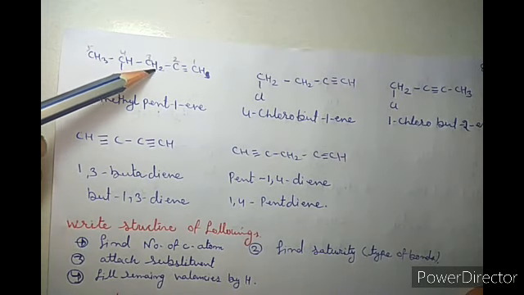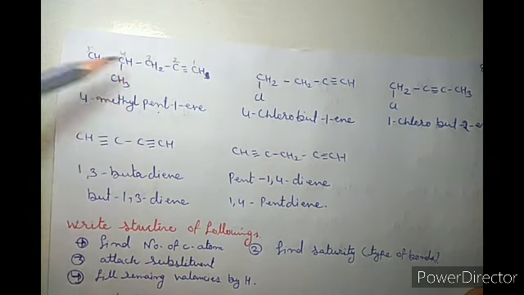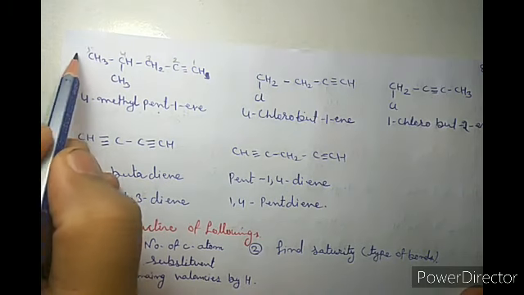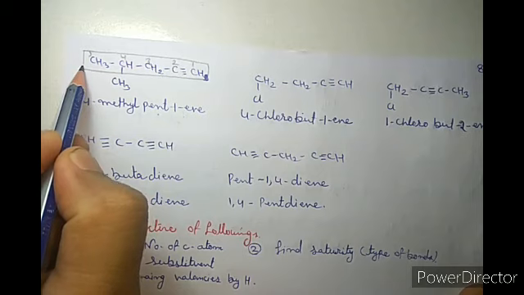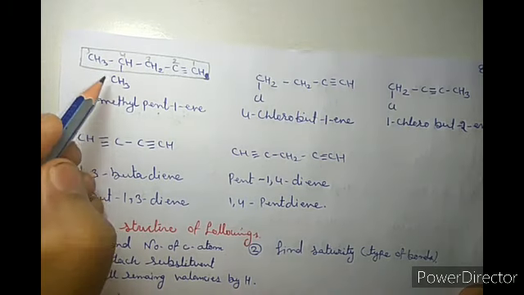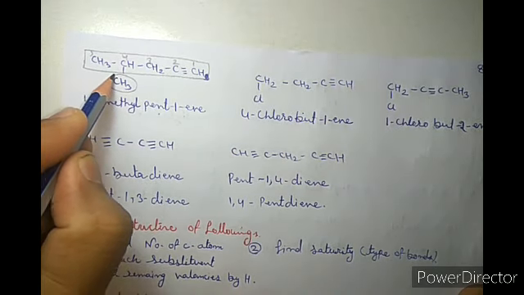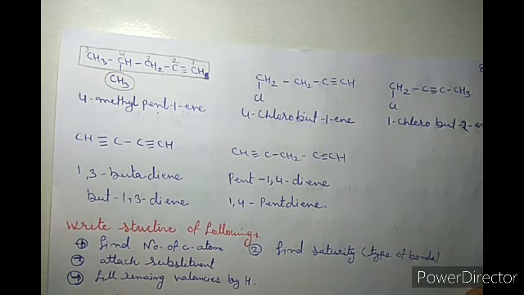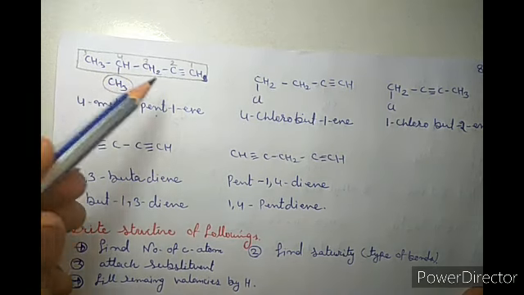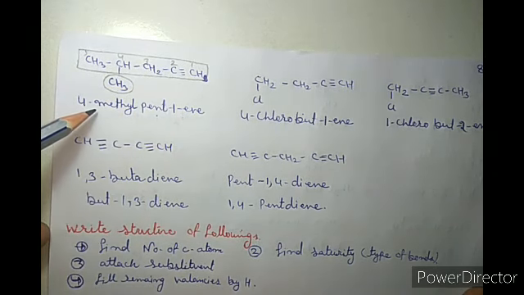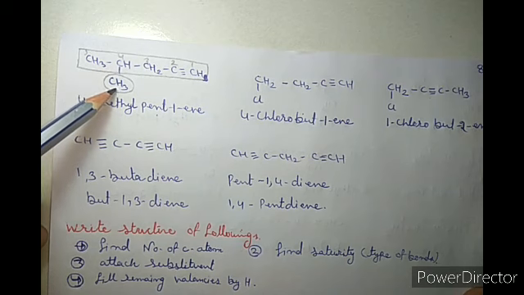CH3 CH CH2 C triple bond CH, and that is CH3. It is a substituent. Which position? Fourth. So that is 4-methyl.